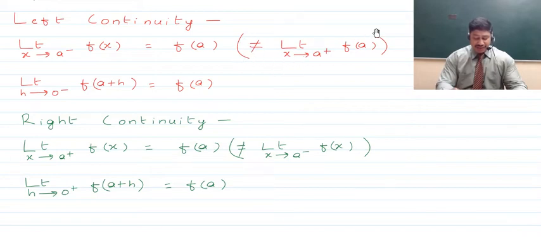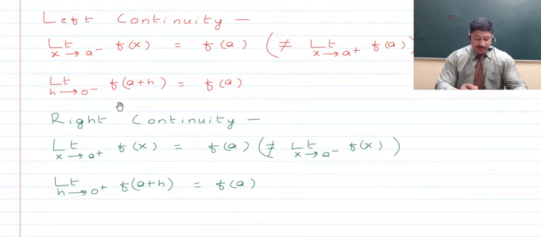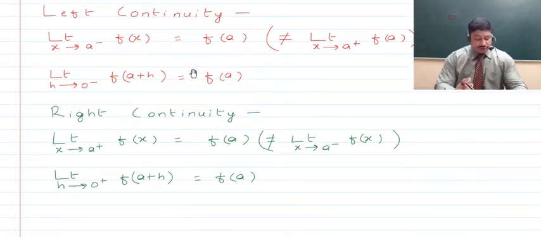Further, we talk about this with respect to h, the infinitesimally small quantity, and thus we can write that limit h tends to 0 minus f of a plus h is equal to f of a. That means we are talking about the left hand limit being equal to the value of the function at a, which is not equal to the right hand limit.